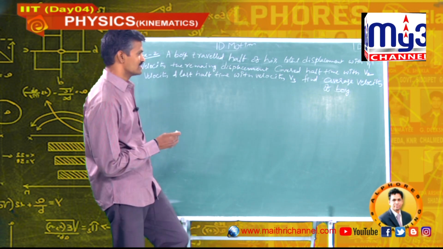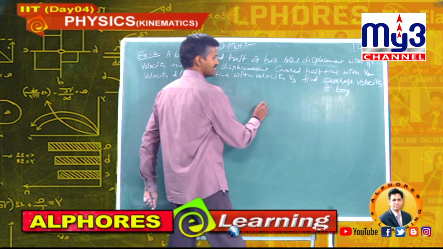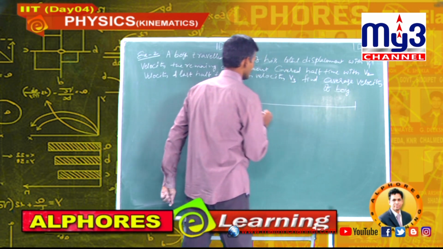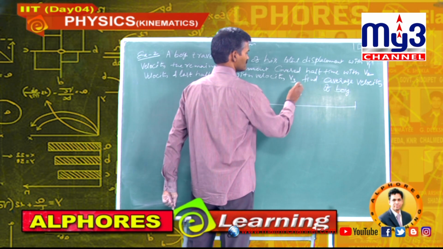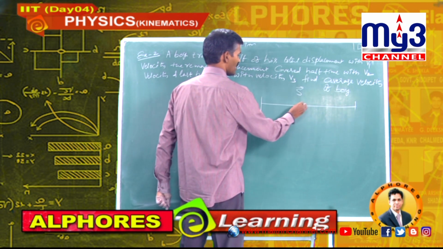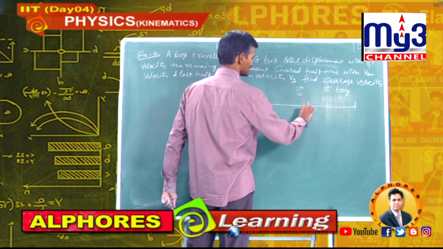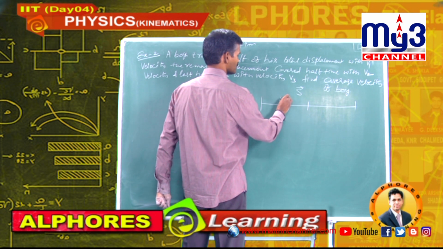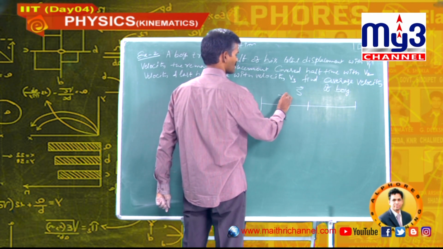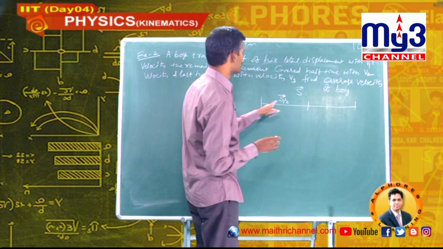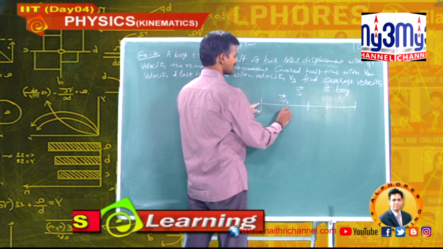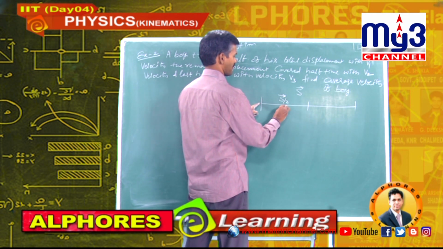So suppose this is the total displacement travelled by this particular boy, some S bar. Half of this displacement, S by 2 bar, is covered with velocity v1 bar.